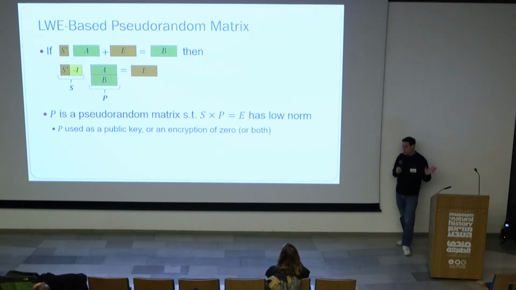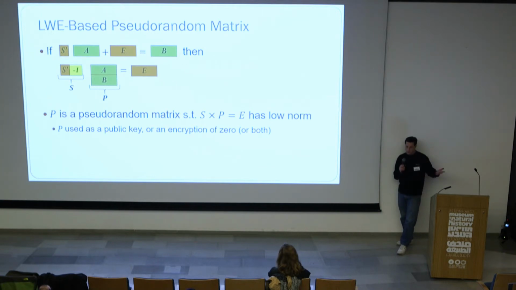And the way we use it in almost all LWE-based security is this. I renamed S to S prime because I'm going to use S for something else. So now I have S prime times A plus E equals B. I'm going to move B, put it under A. I'm going to concatenate the identity to S prime, and I'm going to call that one S. Then I get S times this concatenation of A and B, which I'm now going to call P, is E. Well, A was random to begin with.